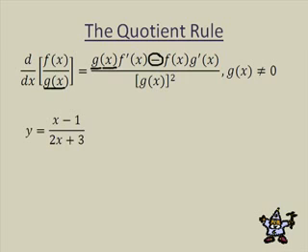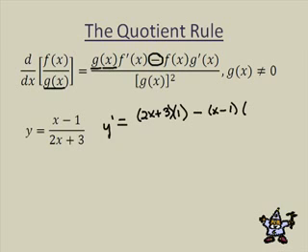So this derivative will equal the denominator times the derivative of the numerator, minus the numerator times the derivative of the denominator, all over the denominator squared.